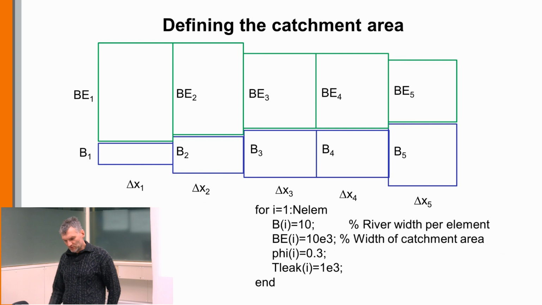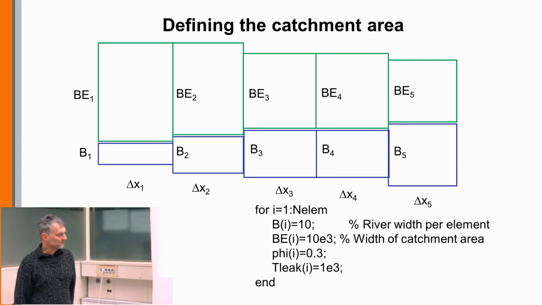I would like to show you some lines of our code. First of all, in the definition part of our code, we have to define the river width and the groundwater elements width, which I say is 10 kilometers for every element. Then, of course, we have to define for every groundwater element the porosity and the leakage rate.